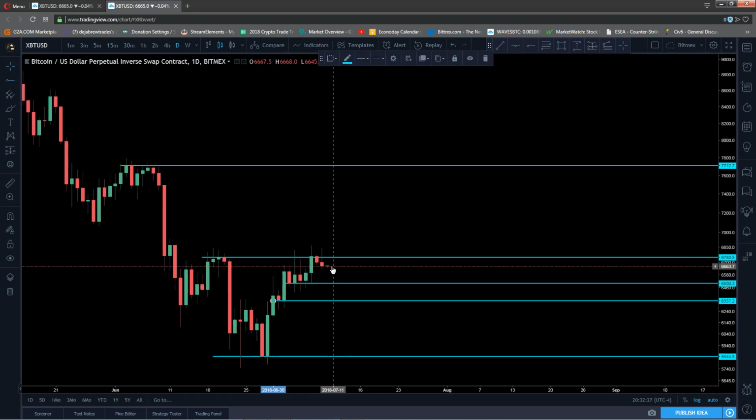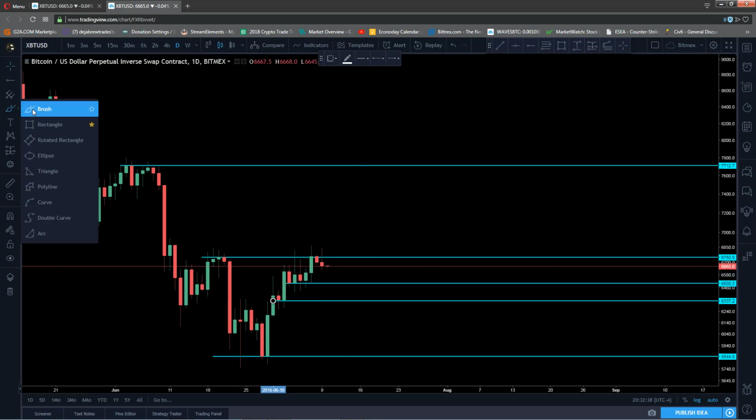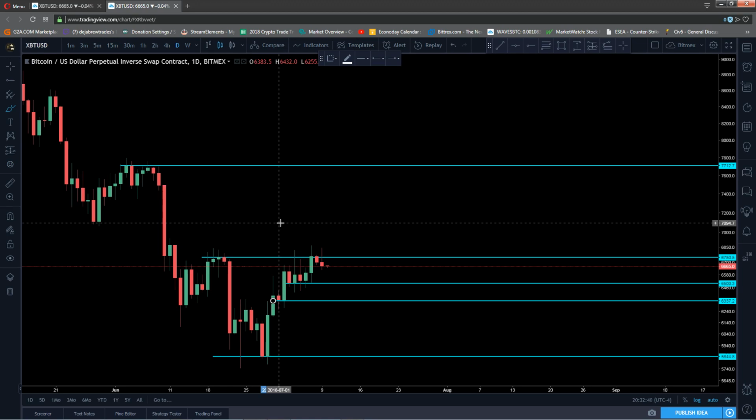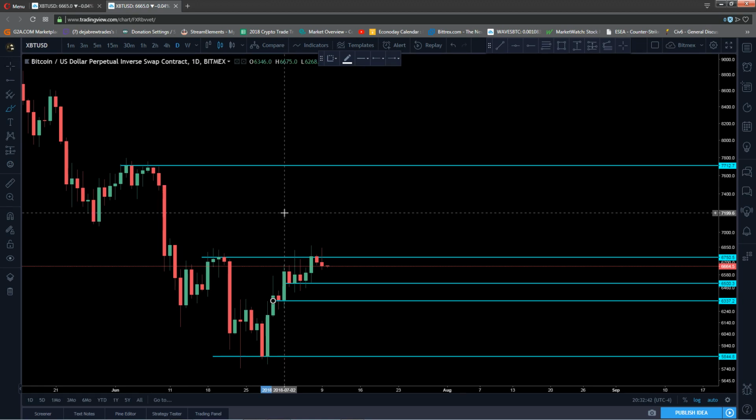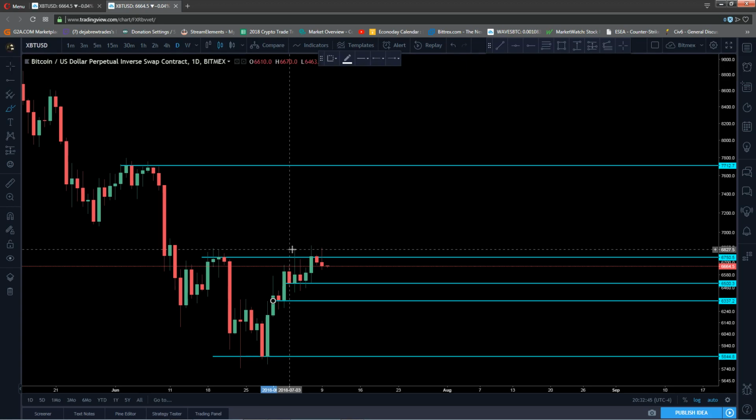So if you took this trade here, you would be targeting these two previous levels that are untested, or this bottom target that is untested. The reason you target them is because they are strong areas of support resistance. They are strong areas of confluence where price has reacted heavily in the past, and it will typically react heavily there in the future.